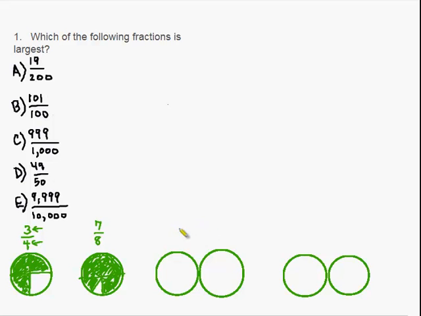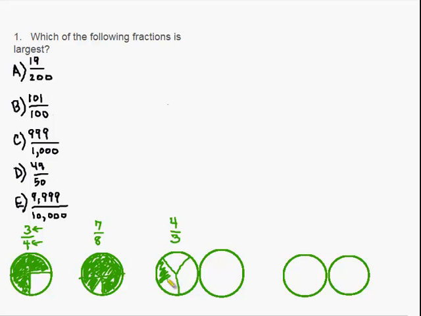So now, let's go ahead and see what happens when we have an improper fraction, when the numerator is larger than the denominator. In this case, we have 4/3. And so the 3, which is the denominator, tells us what type of piece we have, so we have thirds.